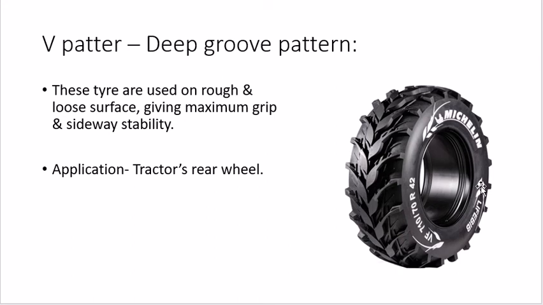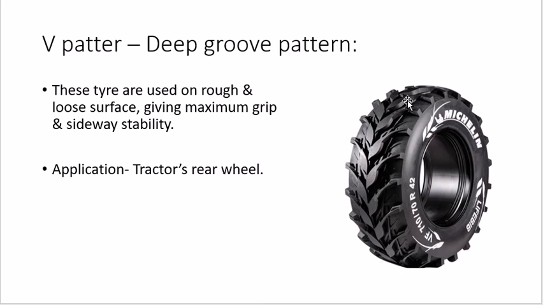In the tractor you can see a V is maintained. This is majorly used for rough surfaces, providing maximum stability. You can see the tread depth is much more, so in muddy conditions it can work very well.